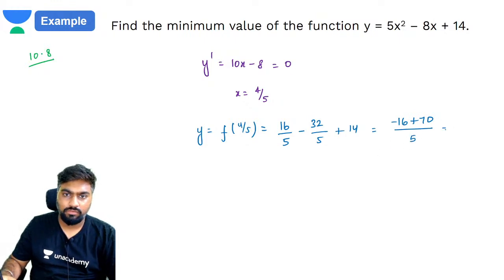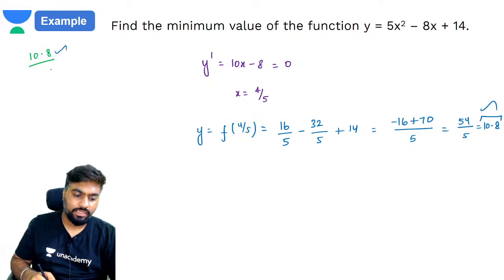Correct? Which is 54 by 5. That's 10.8. 10.8 is your right answer.